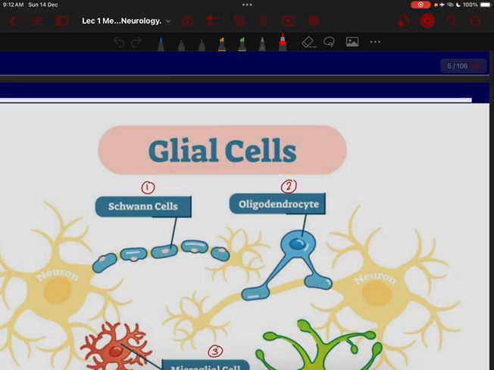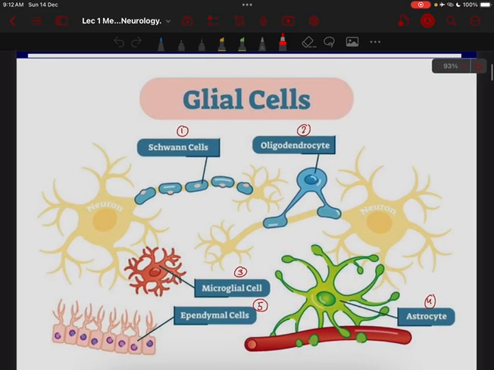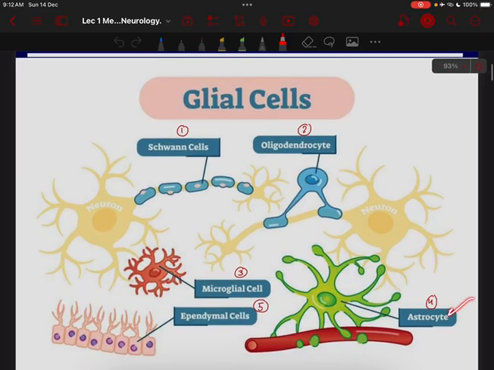One of these glial cells is the astrocyte. The astrocyte, by its feet, supports the neurons, so the neurons are suspended inside the nervous system by the astrocytes.